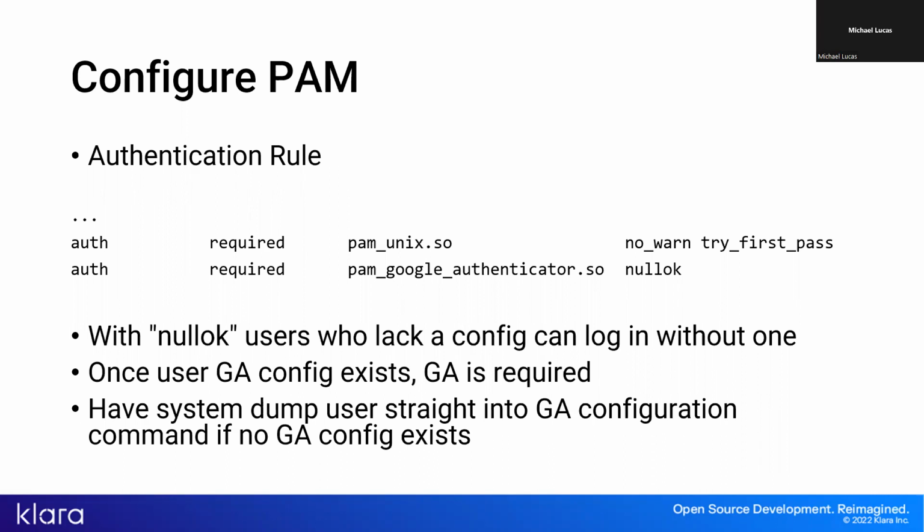Let's talk about configuring PAM. If you look in /etc/pam.d, you'll find a bunch of configuration files, each named after the service. And so this is snipped out of /etc/pam.d/sshd. And there are 4 kinds of rules. The important kind of rules for us right now are auth rules for authentication.